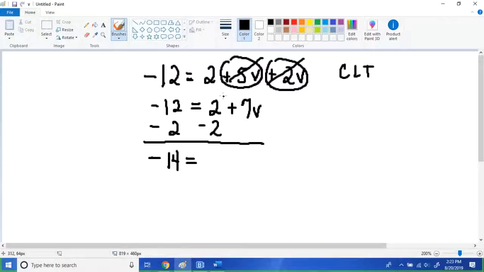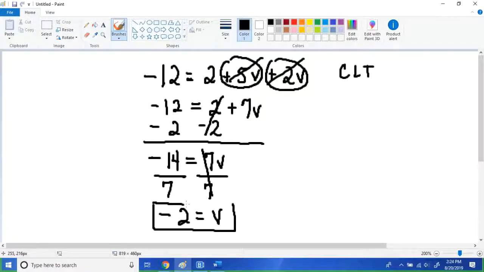The 2 minus 2 is going to cancel. 7v comes down. We're going to divide by 7 on both sides. Negative 14 divided by 7 is a negative 2. The 7 divided by 7 cancels to 1, and your answer is v equals negative 2.